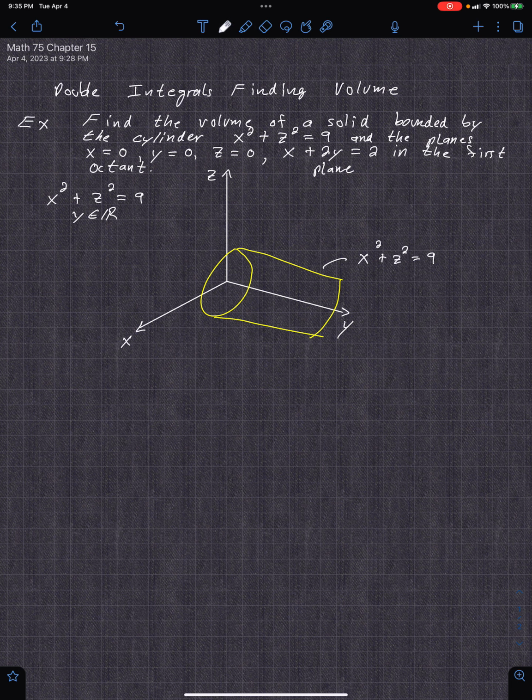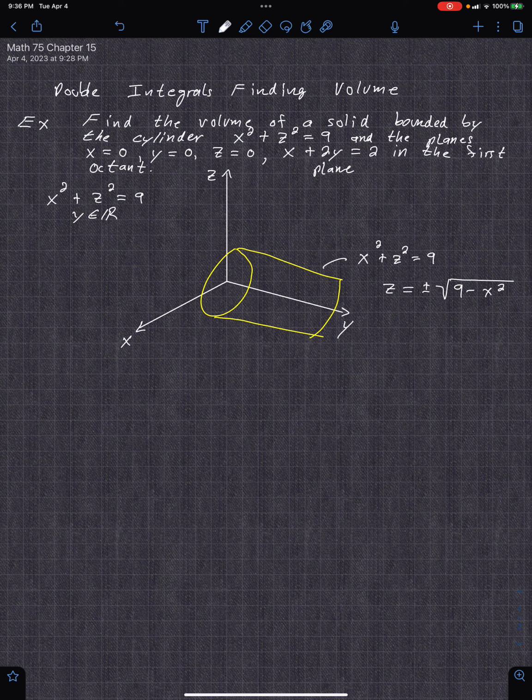So if you solve for z, you'd have z is equal to plus or minus the square root of 9 minus x squared, after you subtract the x squared. So that gives you a function form, which we may need to use.